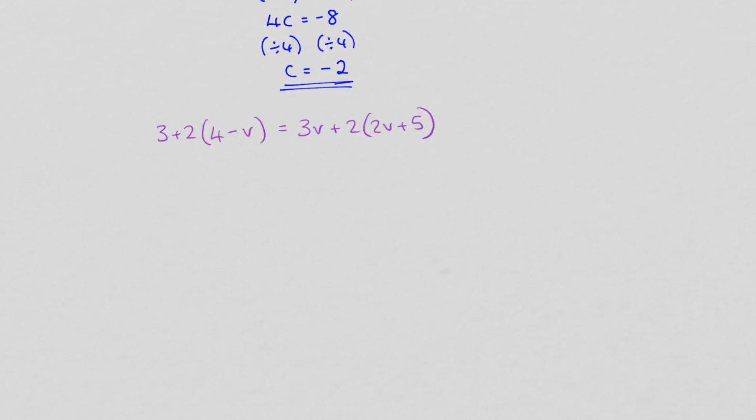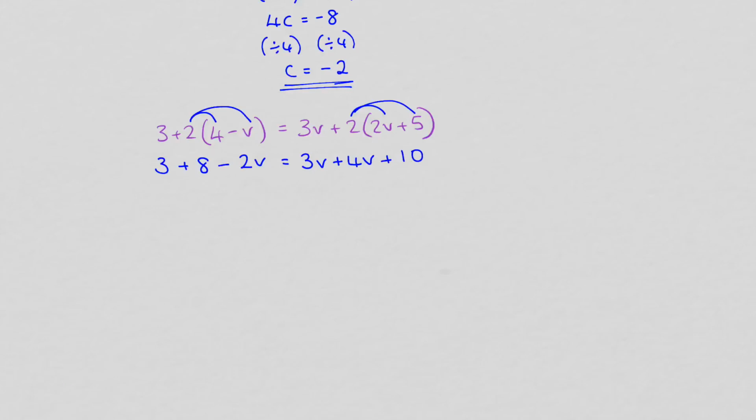Again, we've got extra terms here, so we have to be careful when we're multiplying out the bracket that we don't muddle up these extra terms with the bracket. Okay, so on the left-hand side, the 3 is separate, and then we've got 2 times 4 and 2 times negative v. And then on the right-hand side, we've got 3v, and then 2 times 2v, and 2 times 5.